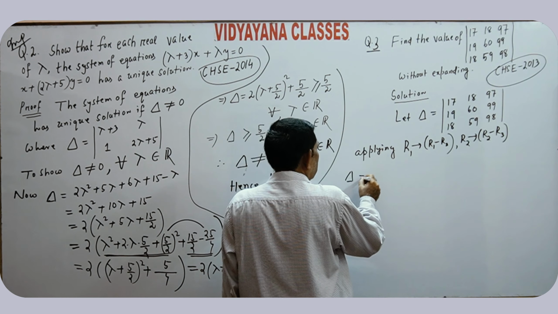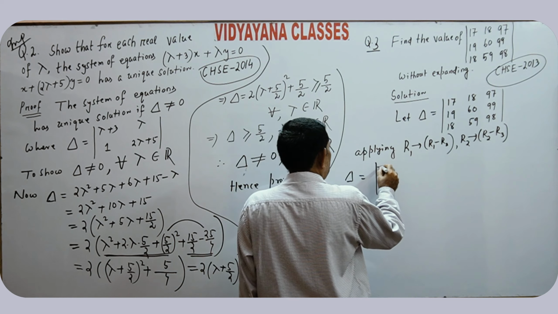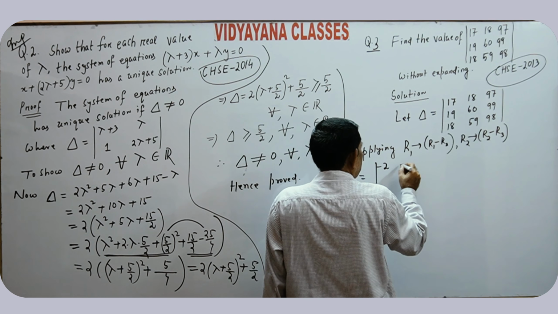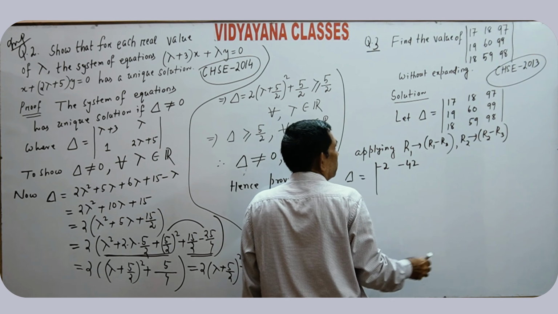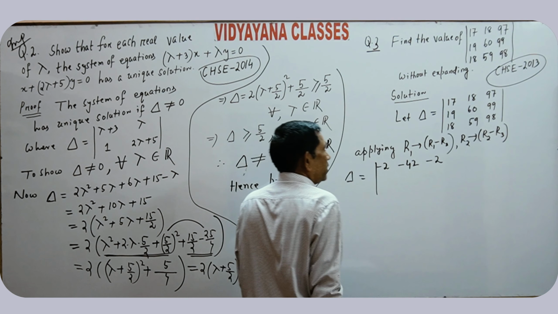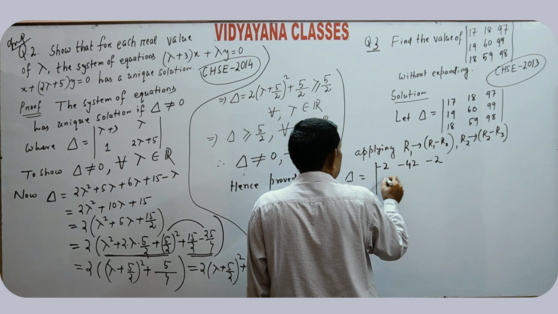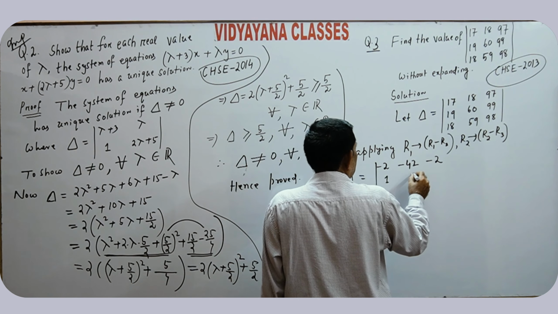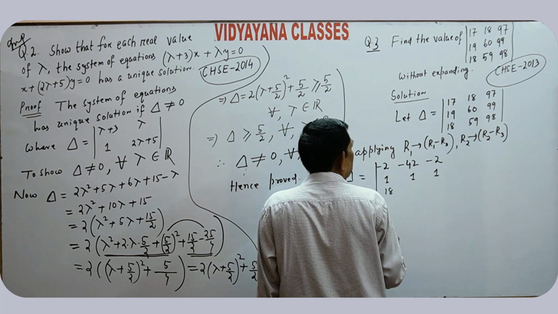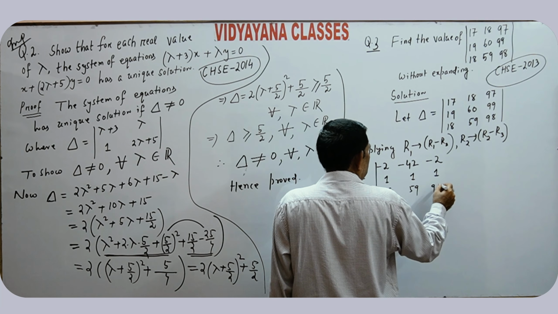Del is equal to minus 2, 18 minus 60 is minus 42, minus 2, 97 minus 99, 19 minus 18, 1, it is also 1 and it is 1, 18, 59, 98.